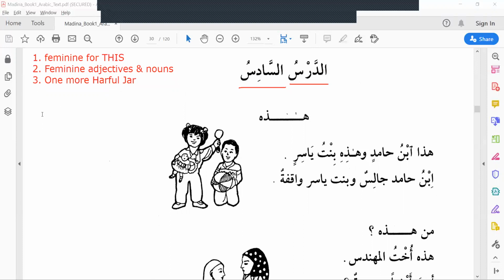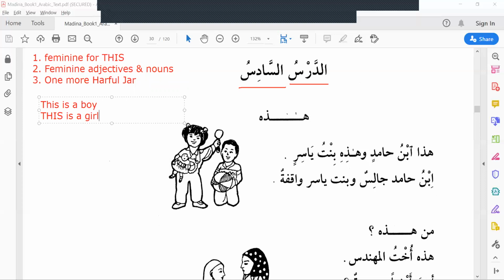Okay, first, this is a boy. If we want to point to a girl in English, we will say the same: this is a girl. But in Arabic, it will change.